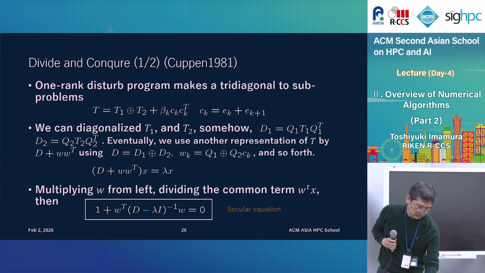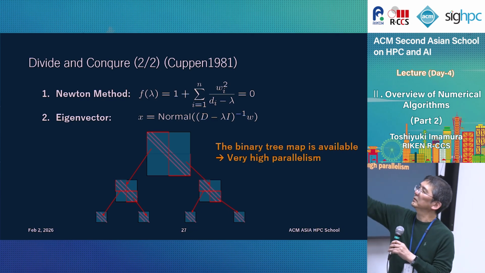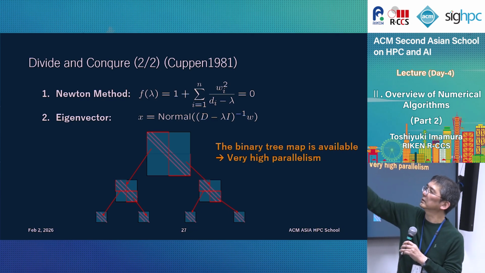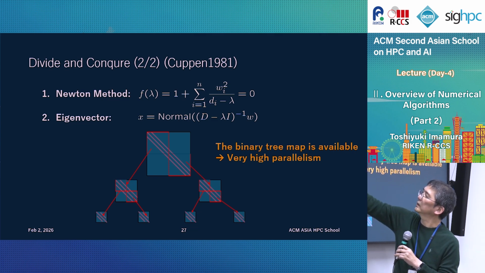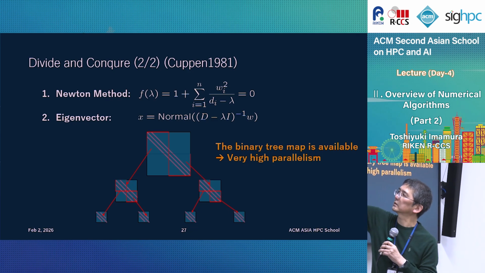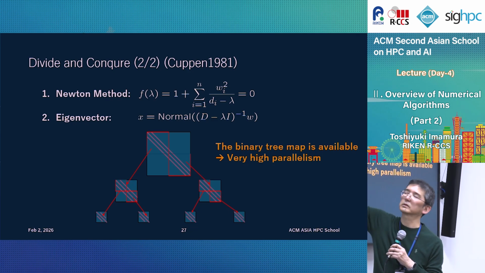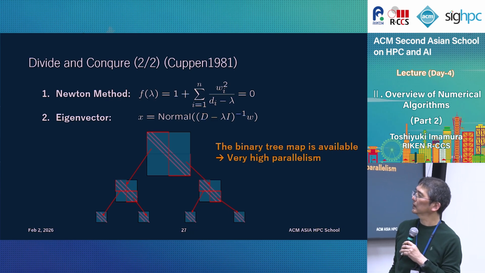If we have the original large tridiagonal data format, then by eliminating these two elements, we can consider similar tridiagonal formats at the left upper corner and the right down corner.